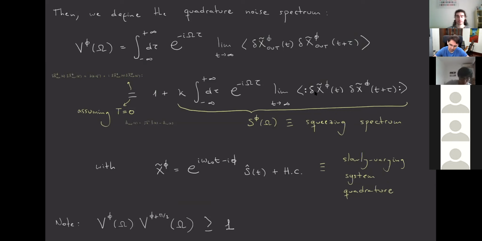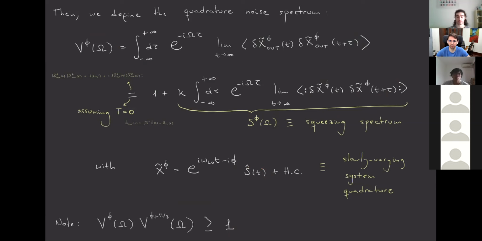Now we have the object that we are interested in, and we have an uncertainty relation for it, and we know how to evaluate it from correlation functions of the system, which we know how to calculate with the results of the previous chapter.